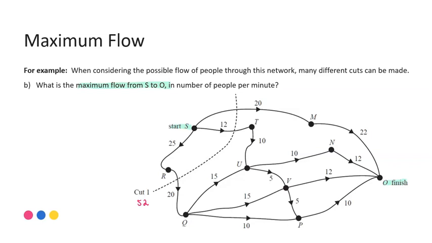So I'm going to do a cut at the end, just before the finish, to get another baseline. And so there I've cut the edge of 22, 12, 12 and 10. So adding those up, I get 56. So at the moment, 52 is still the number to beat.